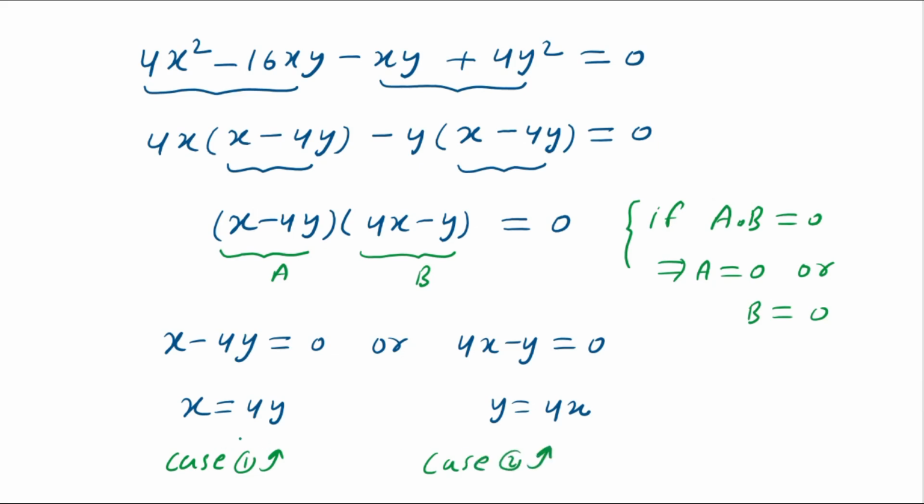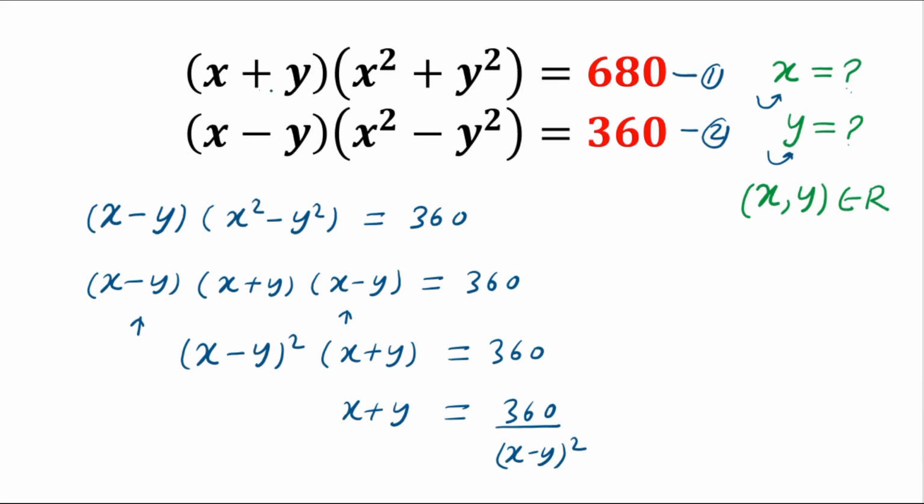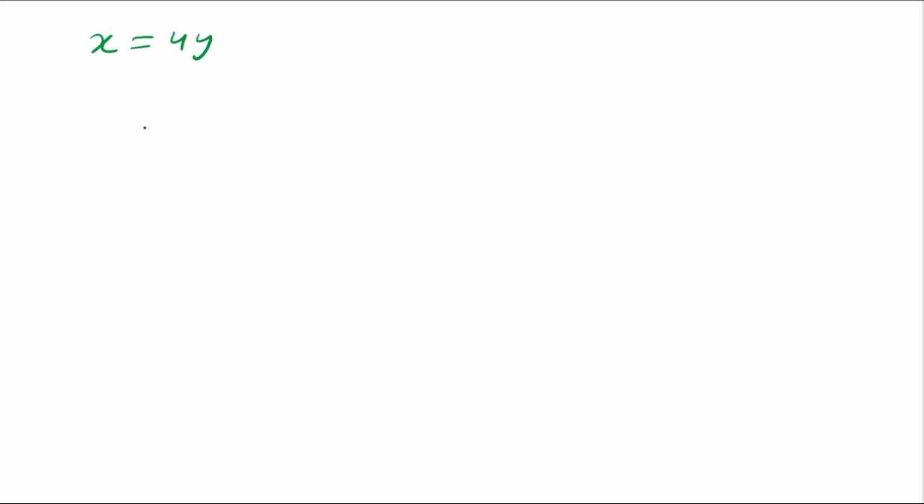Now first we will solve case first, and case first is x is equal to 4y. Now look carefully at equation number first: x plus y multiplied by x square plus y square is equal to 680.